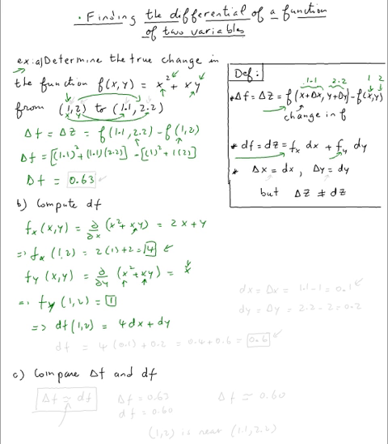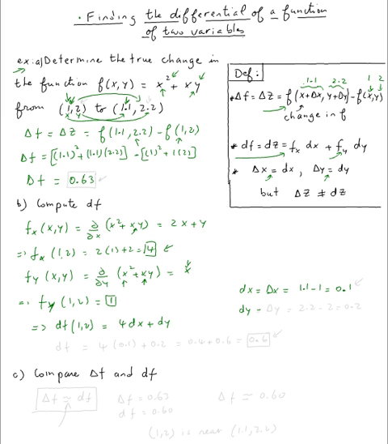But remember now the dx and the dy are given. dx is equal to delta x, dy is equal to delta y. So how do I calculate it? Let me write it here. We know that dx is the same thing as delta x, which is x2 minus x1. So it's 1.1 minus 1, which is 0.1.